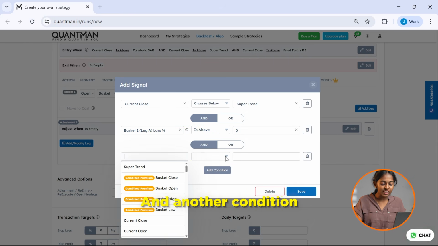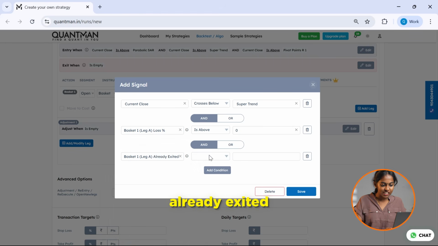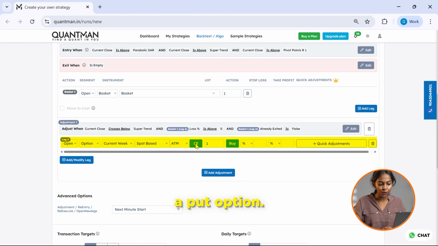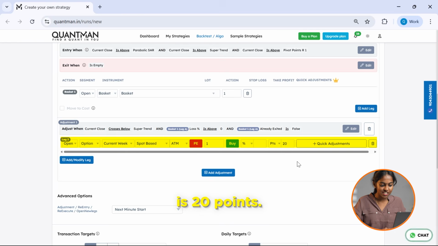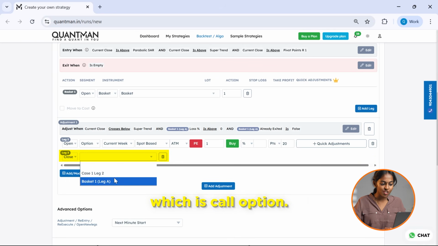And another condition that I am going to add is leg A already exited is false. Once all my conditions are met, I am going to open a put option. The target that I am going to give here is 20 points. As the trend got reversed, I am going to close my basket, which is the call option.